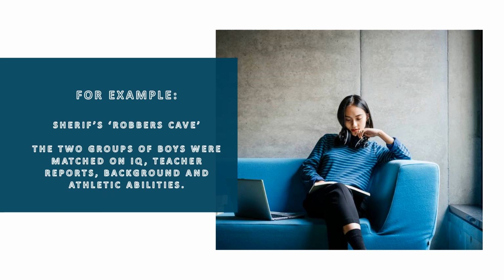For our second example, we can have a look at Sherif's Robbers Cave study. He allocated the boys that he sampled into 2 particular groups, the Rattlers and Eagles. But the boys were matched on their IQ, their teacher reports, their backgrounds and things like athletic abilities.